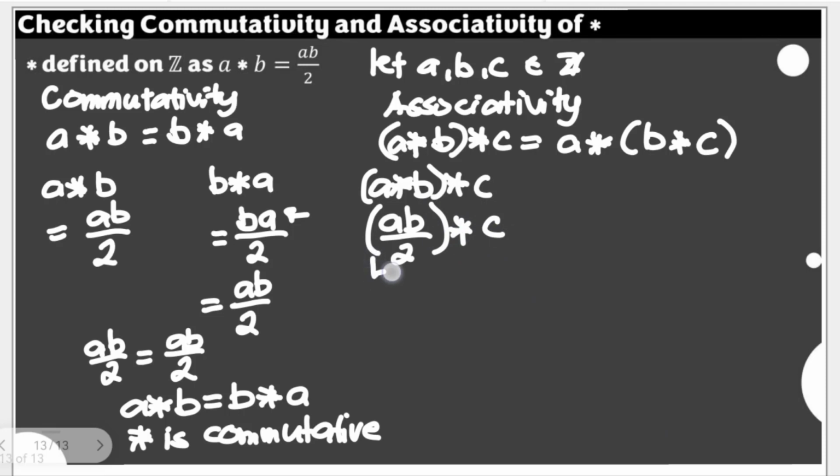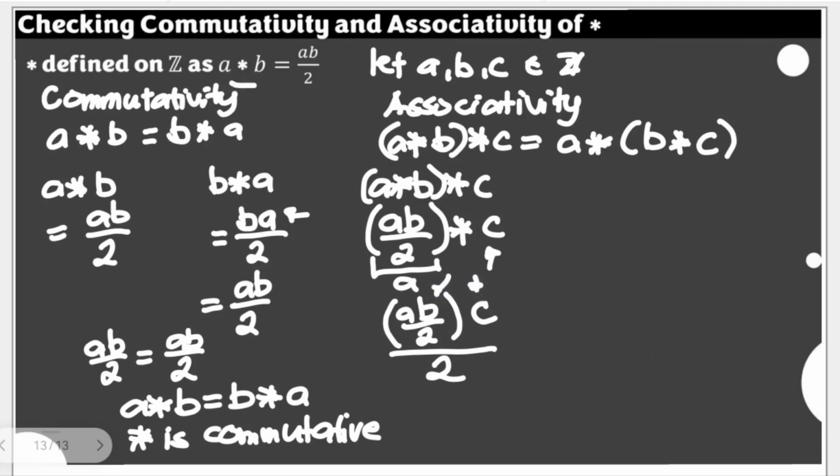This is actually treated now as one coefficient. That would mean this would be our new A and this would be our new B. So following the same definition, we're going to multiply that, AB over 2 times C, all over 2. This is our A and that's our B in our definition given here. So we have here ABC over 2, all over 2.